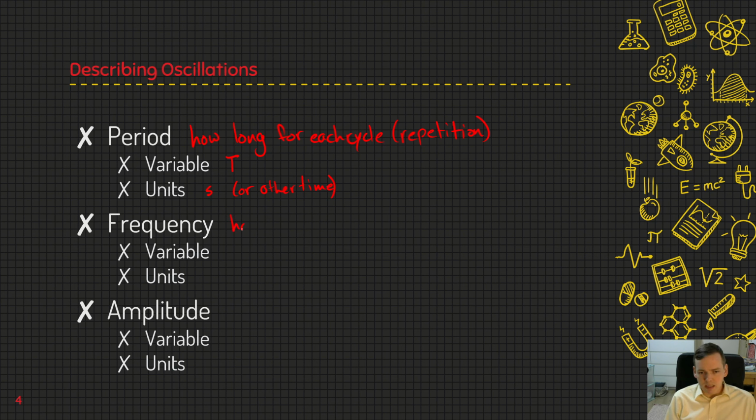Frequency is how many cycles per time. So if you've heard rotations per second, oscillations per second, rotations per minute, etc., those are all cycles per time, and so they're a frequency.